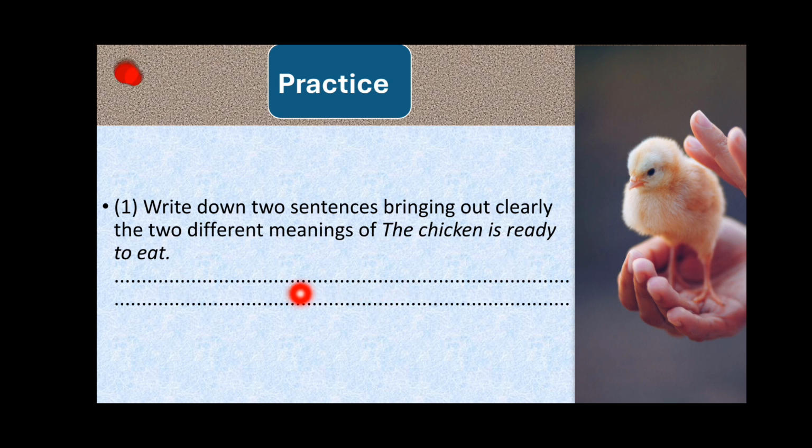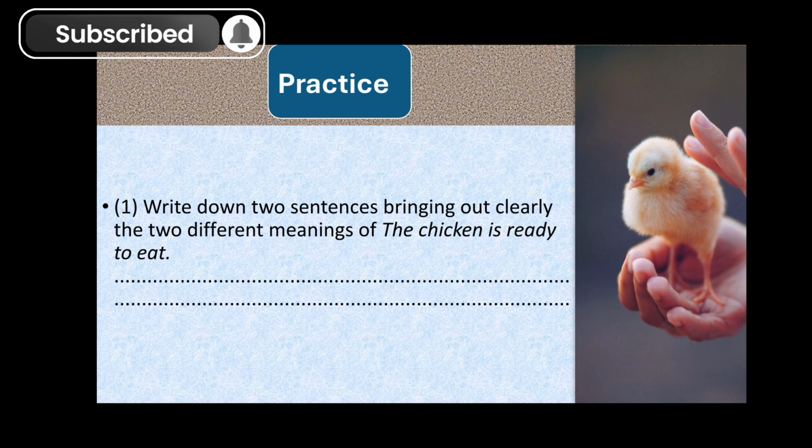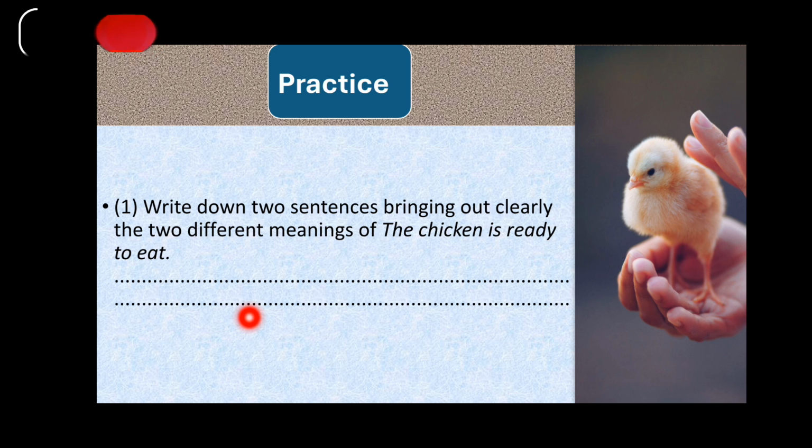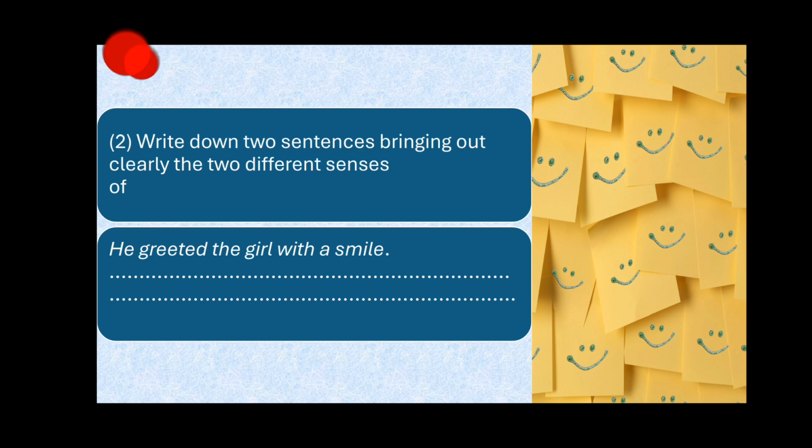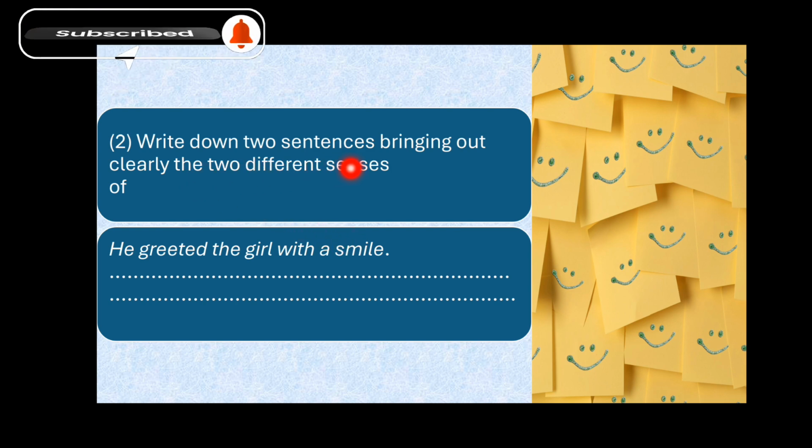And sense number 1, you can say there is a chicken and there are some grains in front of it and it's about to eat it. And the second is that the chicken is cooked as a meal on the table and you are going to eat the chicken. So 2 different senses. Write down 2 sentences bringing out clearly the 2 different senses of he greeted the girl with a smile. Again, it has 2 different senses.